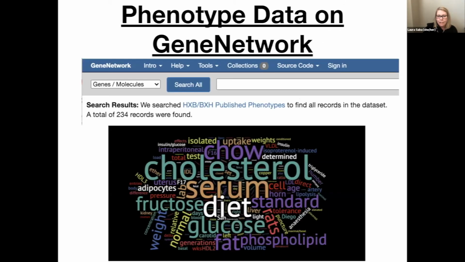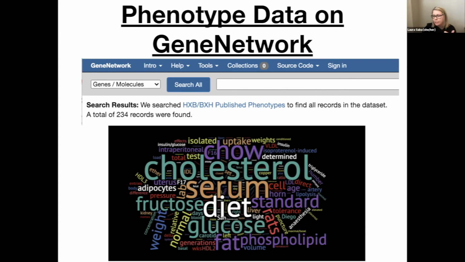And if I do a word cloud over what phenotype data there is right now, mostly it's from the HXB-BXH that's on GeneNetwork. There's about 200 different records. We have a lot of cholesterol and fructose and a lot of physiological measurements, like insulin and glucose and weight measurements in these animals already, because the panel was originally derived from the spontaneously hypertensive rat.